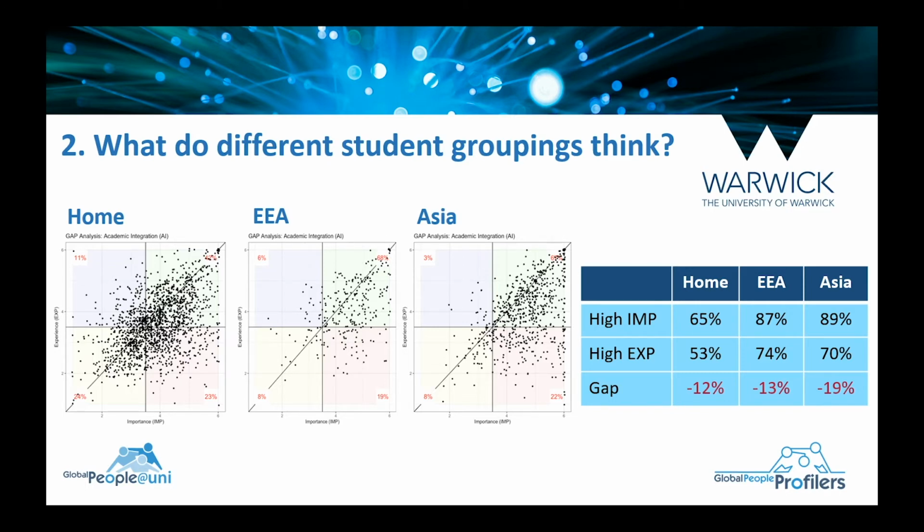When you look at the gap, to a certain extent, the gap isn't very large. There's not so much difference across the 3 groups, although it is bigger for the Asian students. But perhaps most worrying is the low proportion of home students that attach importance to academic integration.